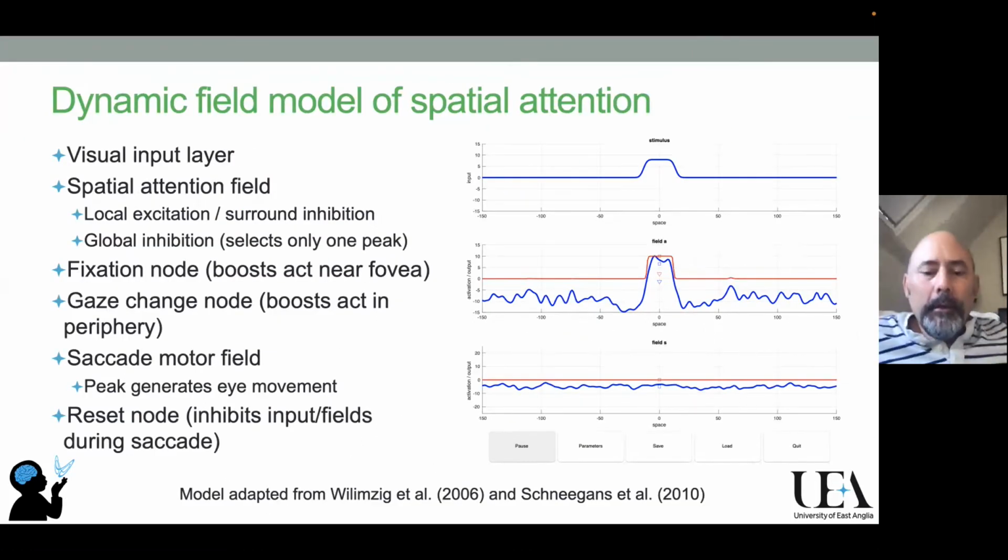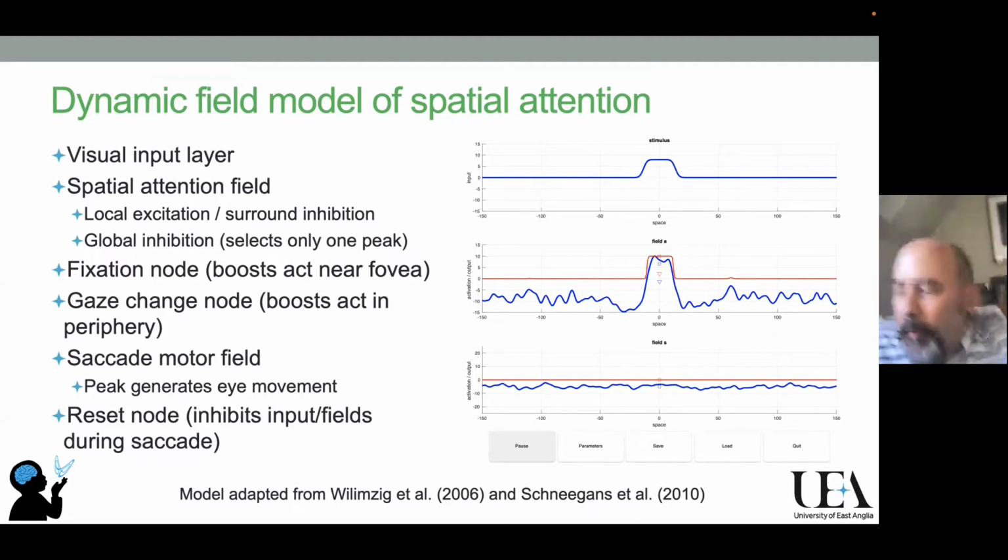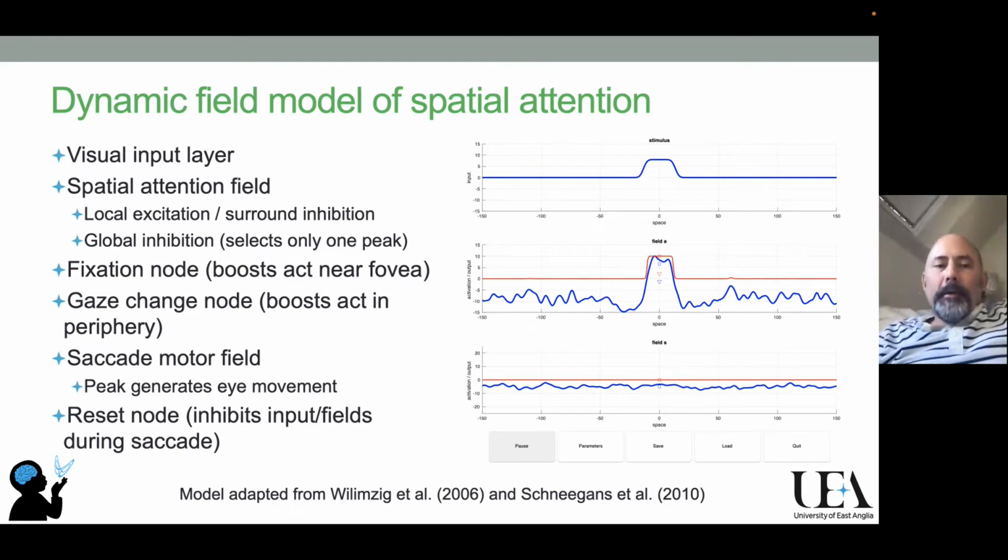Okay, so in the 2015 paper, we presented a dynamic field model of this Iowa task. The model consisted of a visual input layer shown here at the top, a spatial attention field shown in the middle. That spatial attention field was governed by local excitatory and surround inhibition neural interactions.